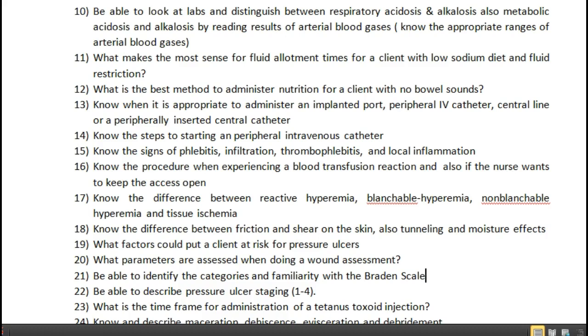You've learned you can draw blood from the antecubital, but you wouldn't want to start an IV in the antecubital. You know that you want to start peripherally and move your way up to the upper arm. You probably would want to use a person's non-dominant arm, not their dominant arm, because you don't want to put it in the arm that they're moving around all the time. So you need to know about that as well.